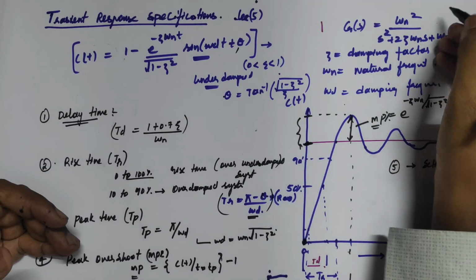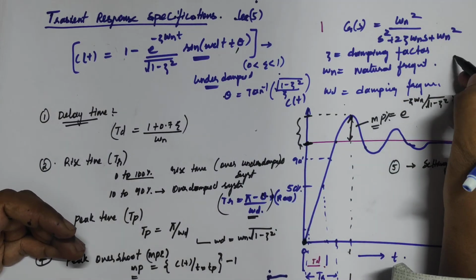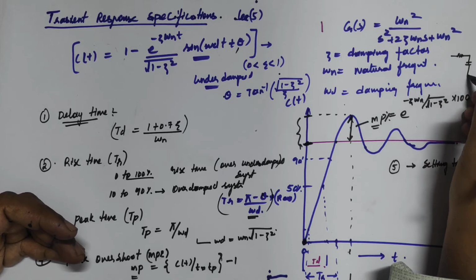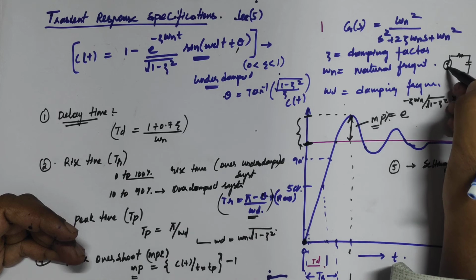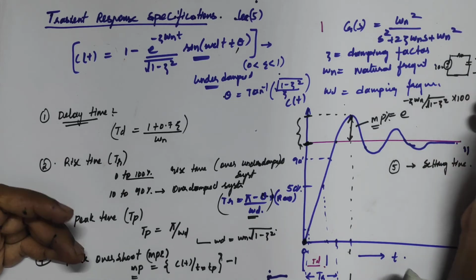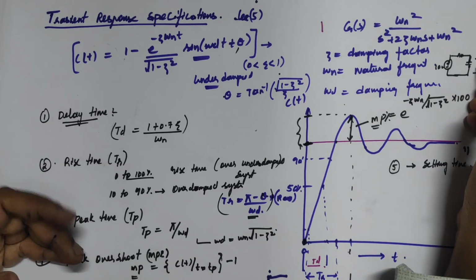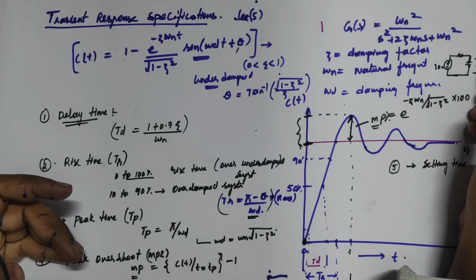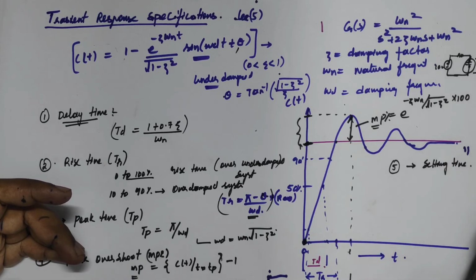For example, if I want to charge this capacitor with an input voltage of 10 volts, at steady state the capacitor gets open and it should reach 10 volts, but in practice it won't reach 10 volts. It may reach 9.8 or 9.9, based upon the circuit parameters.